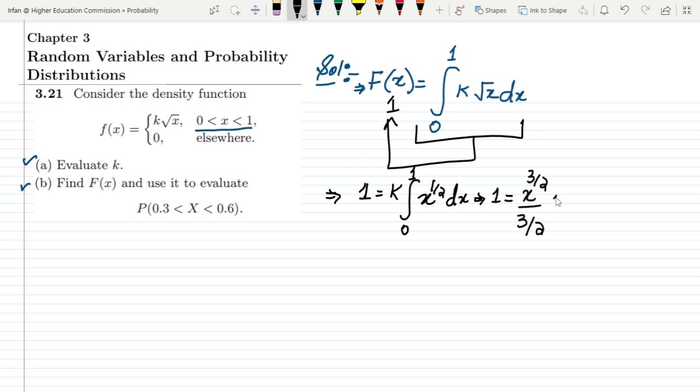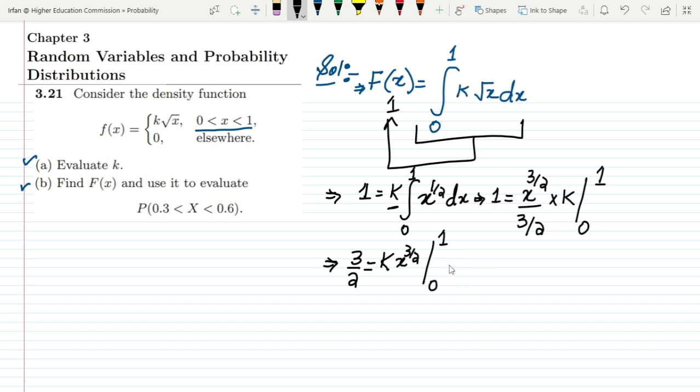Okay, and here I also have this k because here I have k. Okay, so now let me use it. Okay, and here multiplying both sides by this 3 by 2, what I will get is 3 by 2 is equal to k x to the power 3 by 2. Okay, and as these were the ranges in which I have to integrate, I also have 0 and 1 here.